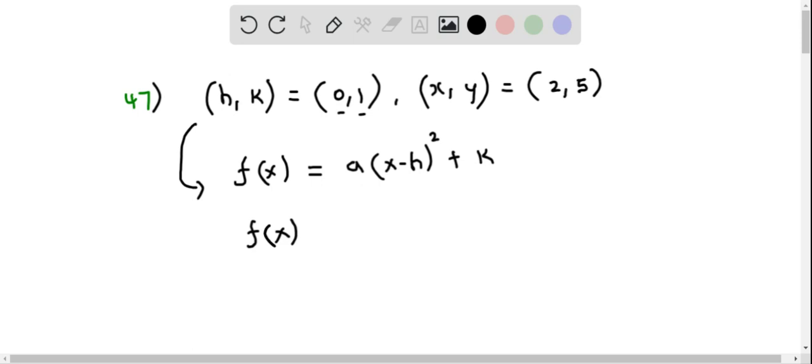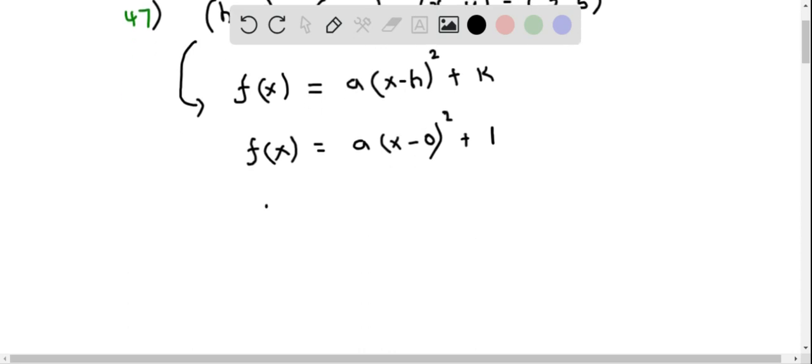So replace h by 0, therefore it becomes (x - 0)^2, and replace k by 1, so we put plus 1. Let's simplify this. So f(x) = a(x^2 + 1).